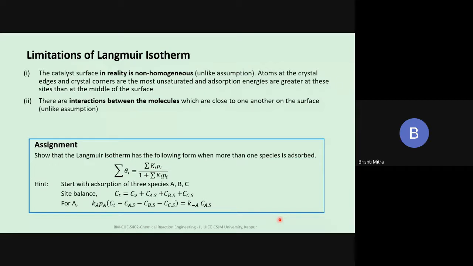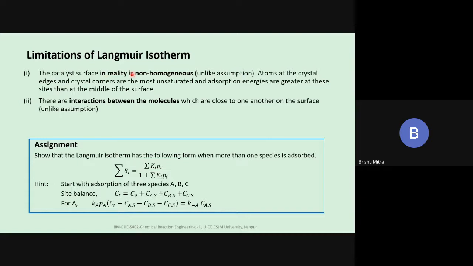Langmuir isotherm cannot represent all possible situations because of the assumption that the catalyst surface is homogeneous. That means every site has the same energy. They have the same probability of having adsorption happen on top of them. Then the fact that once they are adsorbed, the complexes are identical. All of this is not essentially true.